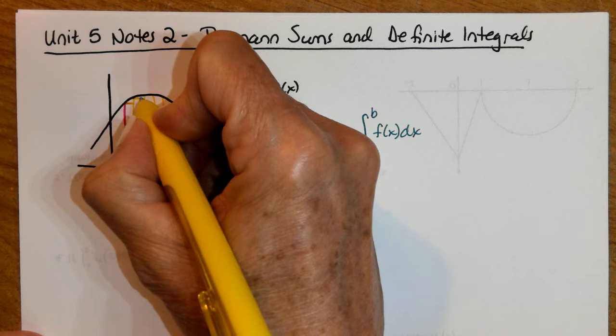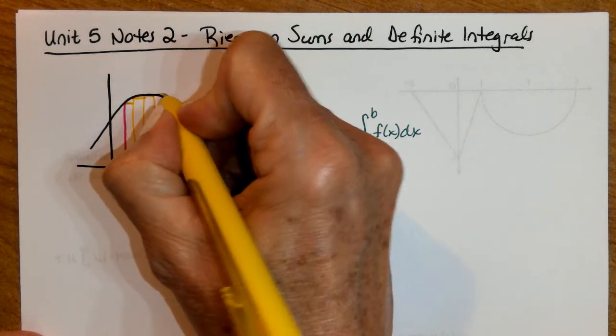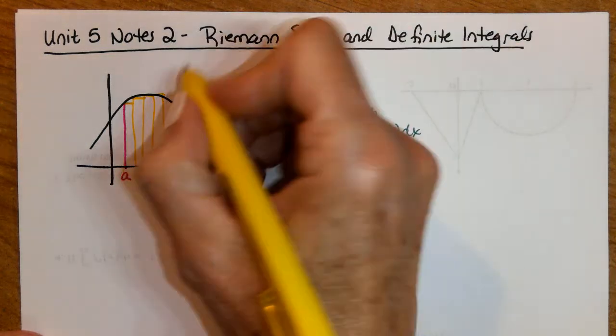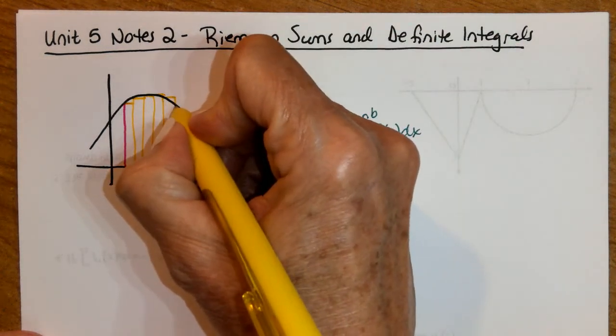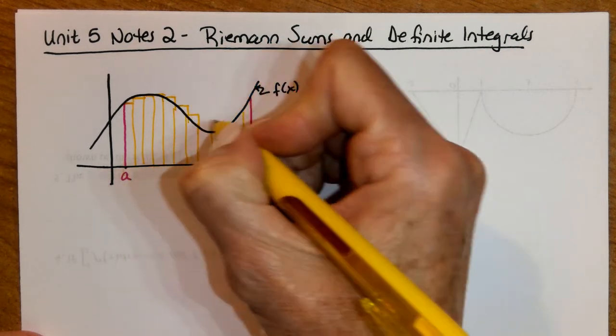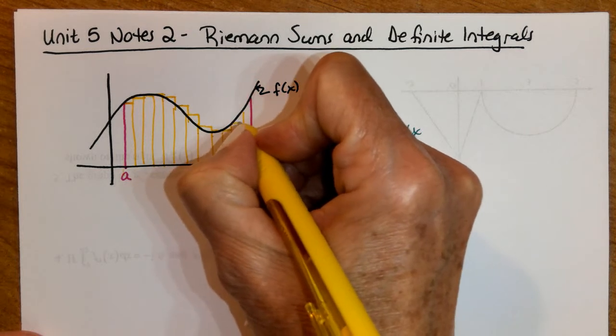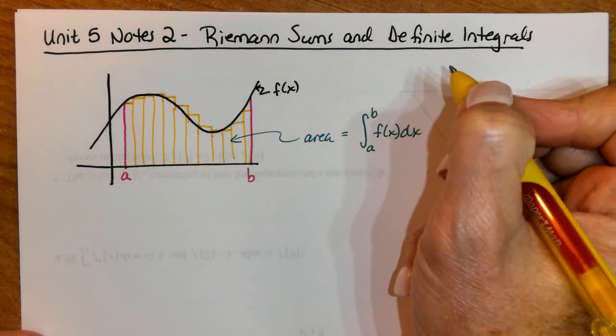I'm going to close this rectangle off there, this one here is going to go a little bit above the curve, and this one a little bit above. So some of the rectangles are above the curve, some are below the curve. These last ones are going to be below the curve.